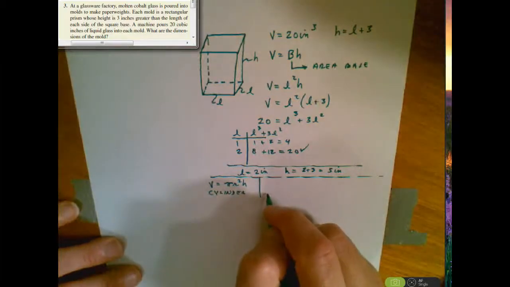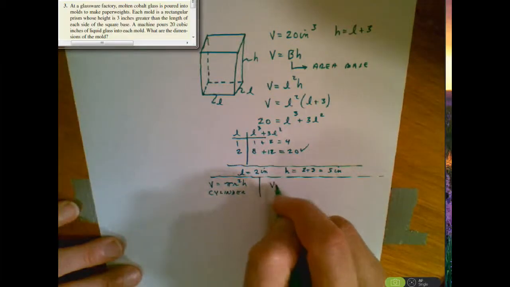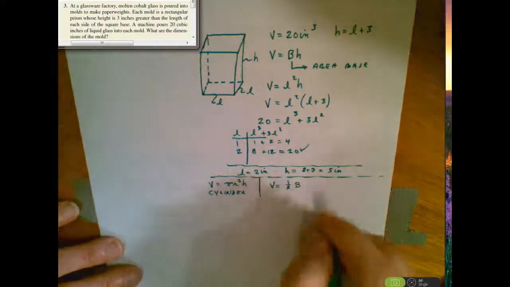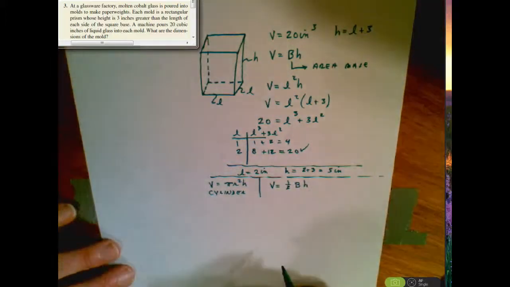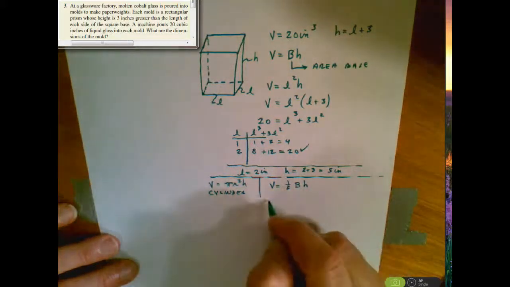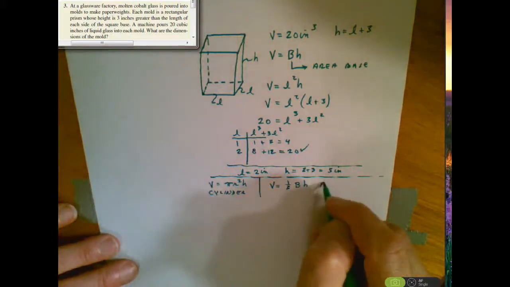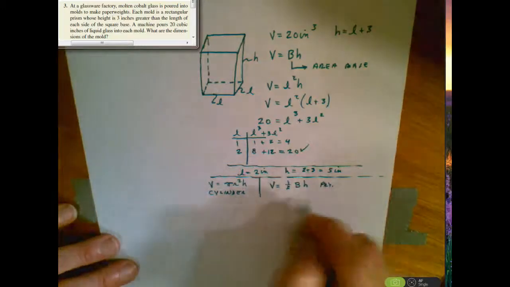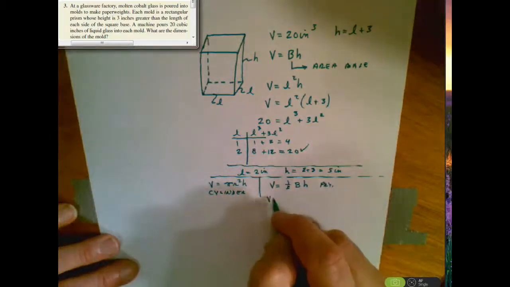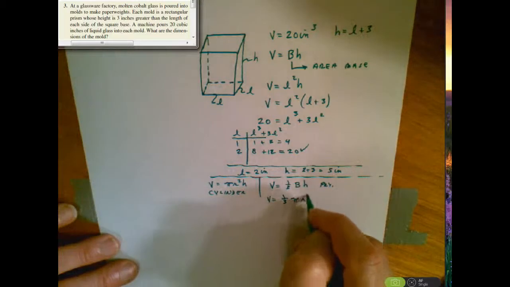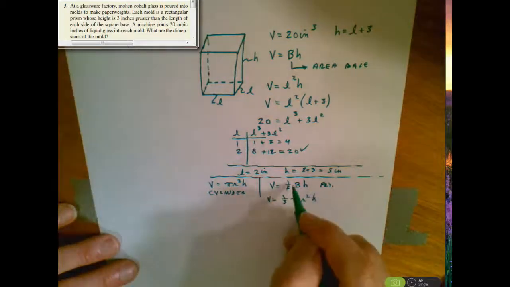A pyramid would be V equals 1/3 the area of the base times the height. And for a cone, we have V equals 1/3 pi r squared times h. The key to remember is the 1/3.